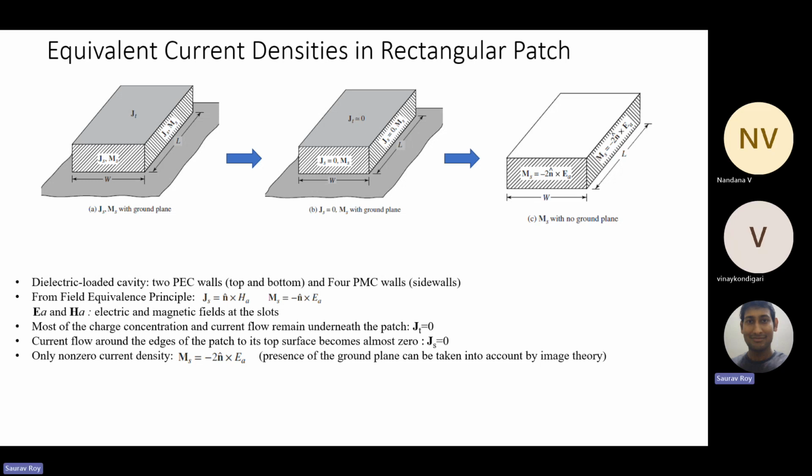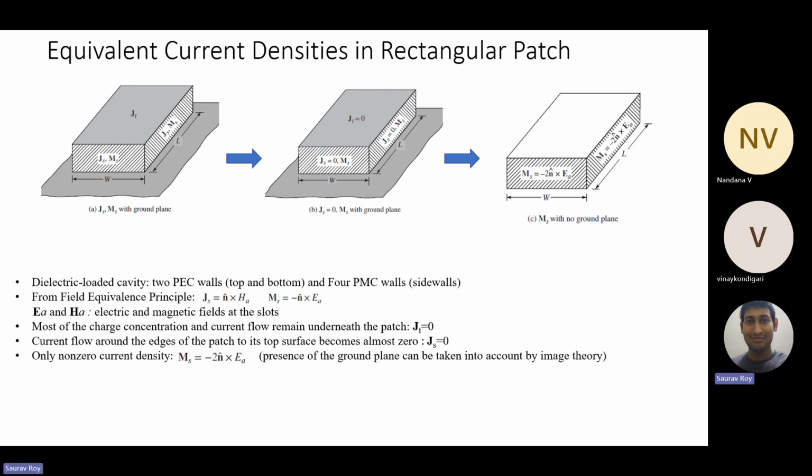The top and bottom layers are PEC layers, and the 4 side layers are called PMC layers, or magnetic conductor layers, because we told you the electrical charge was almost zero, so only the tangential component of the magnetic field was zero. That is what we have shown you before.